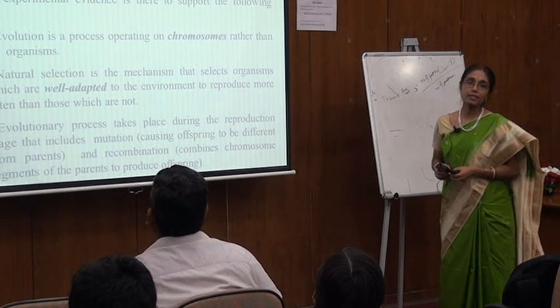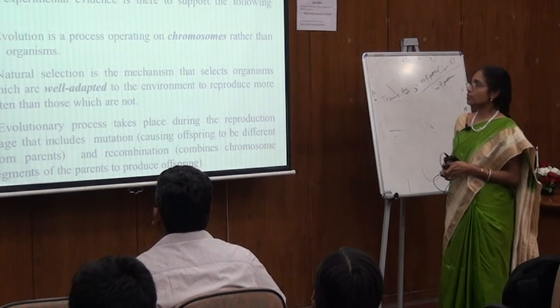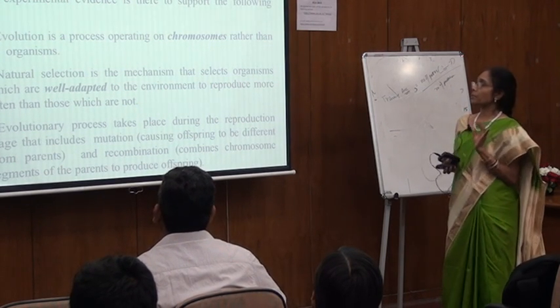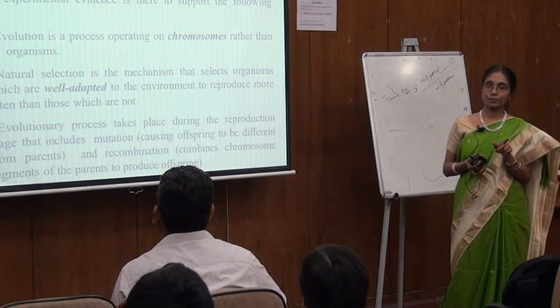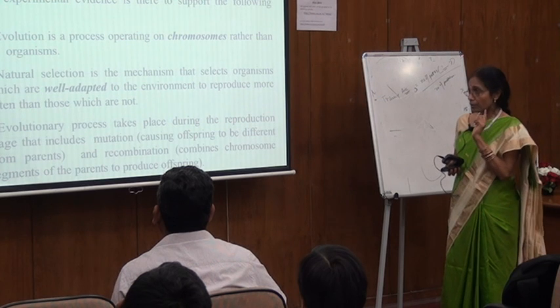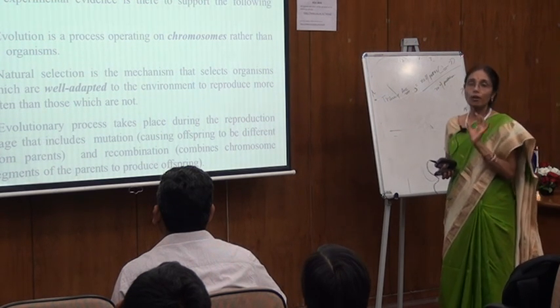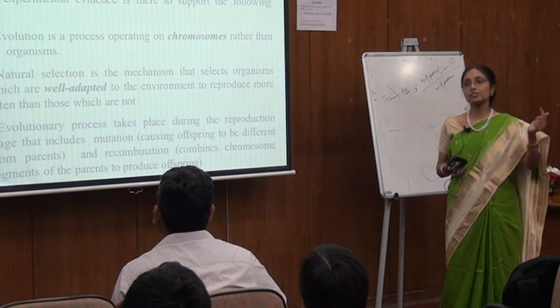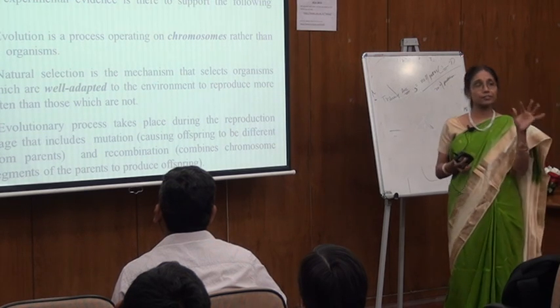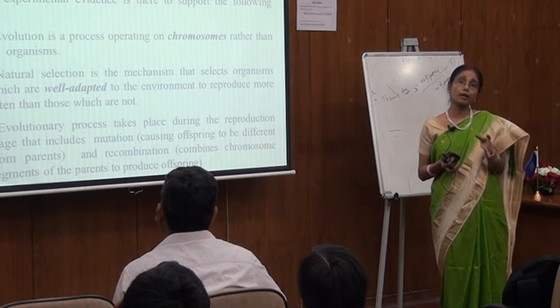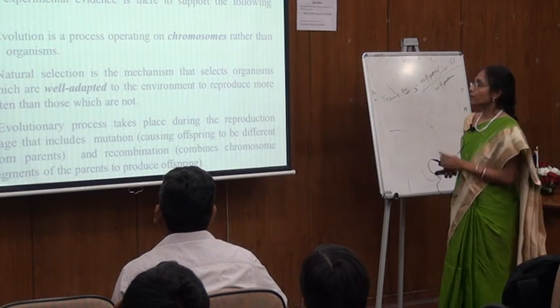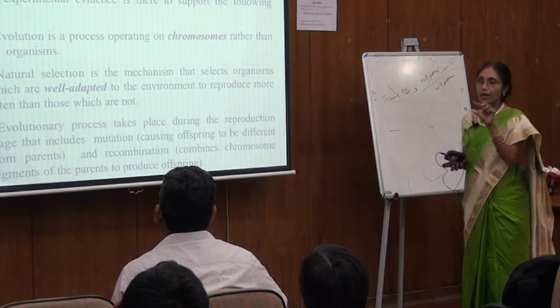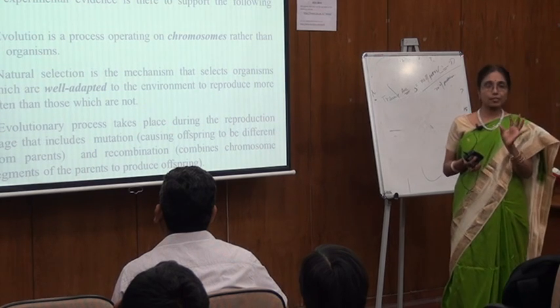So what we see in evolutionary computation is that evolution is a process which operates on chromosomes, but not on the organisms themselves. It doesn't directly operate on organisms, rather it operates on the encoded version of the organisms termed chromosomes. And there is one procedure called natural selection.